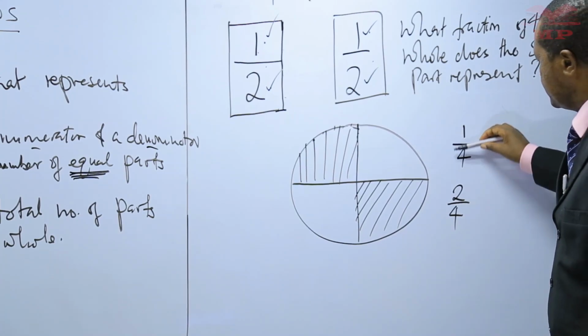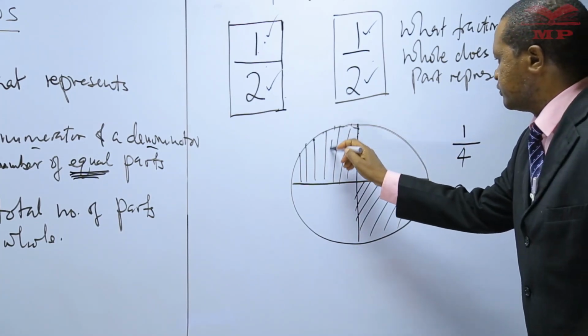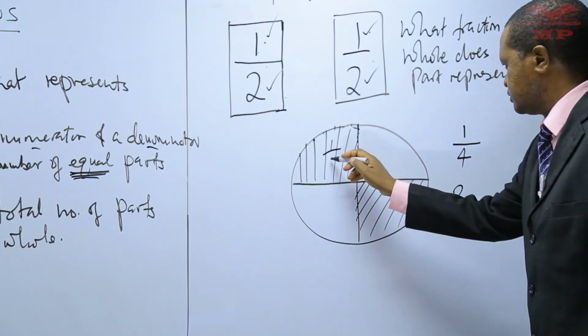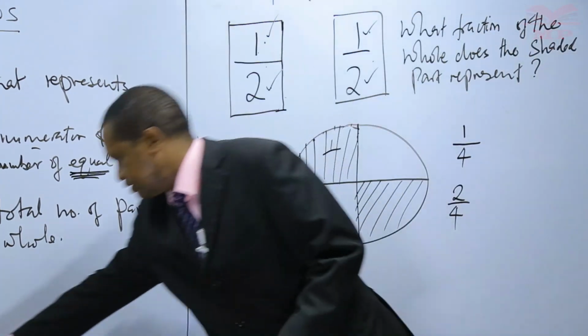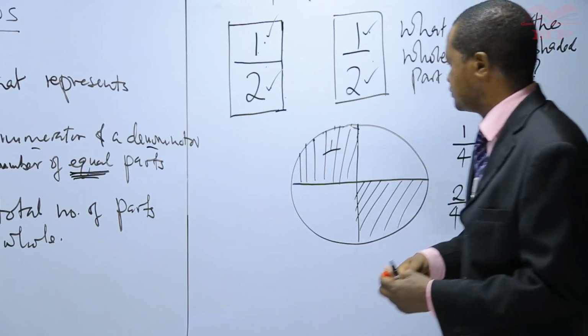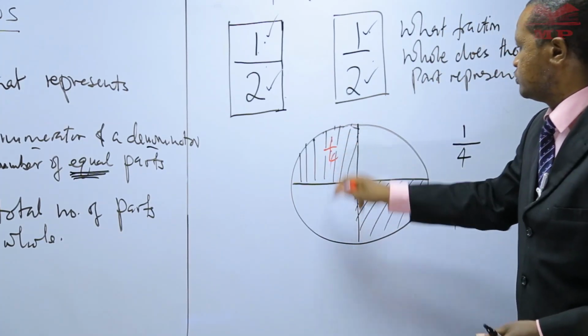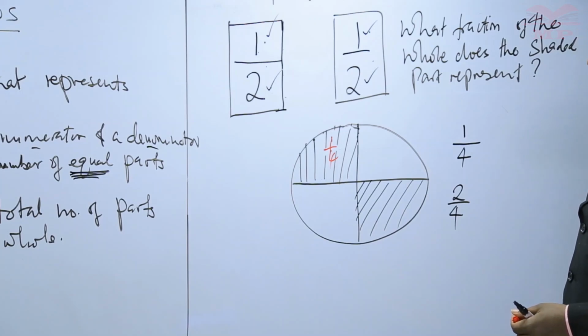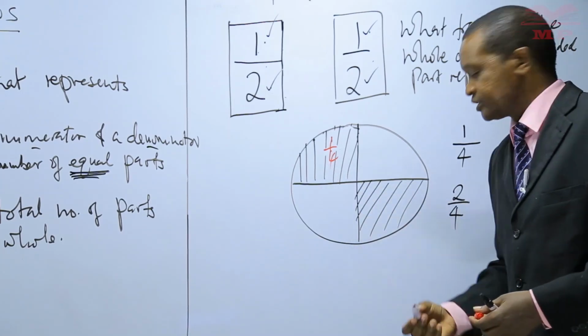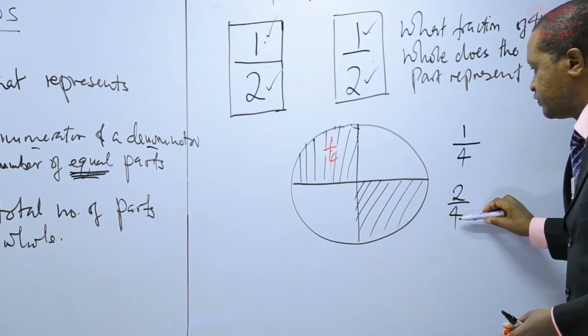So the first one here was a quarter, 1 over 4. When you have two shaded parts, then you'll have 2 over 4.